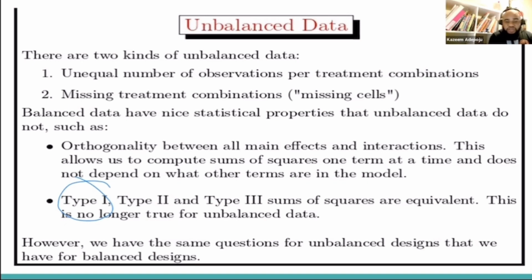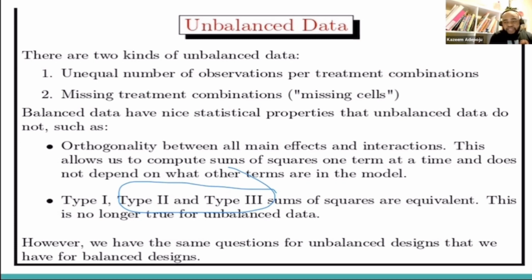Today I'm going to tell you the difference between the type 1, type 2, and type 3 sums of squares. They are not the same. Before I go on, the recommendation is that when you have unbalanced data, statisticians will prefer using type 2 and type 3.